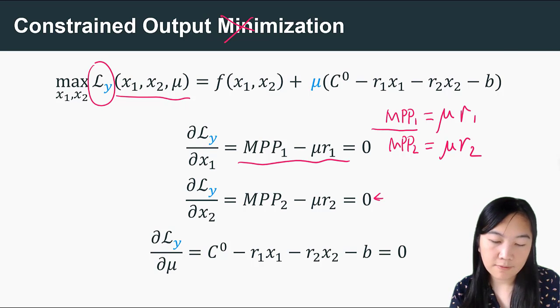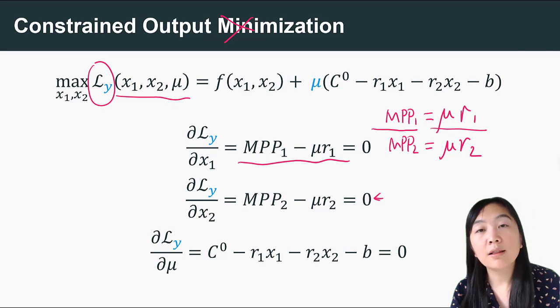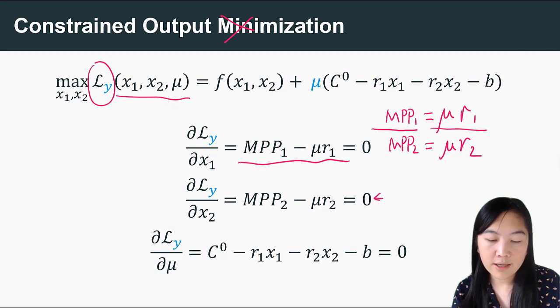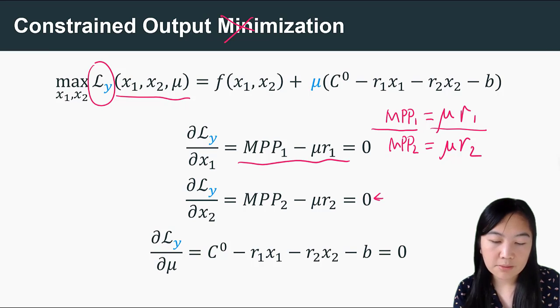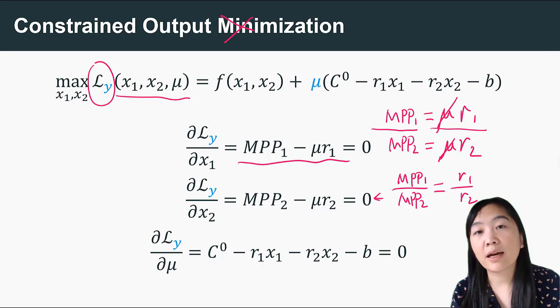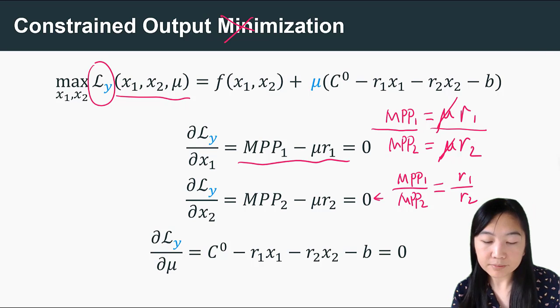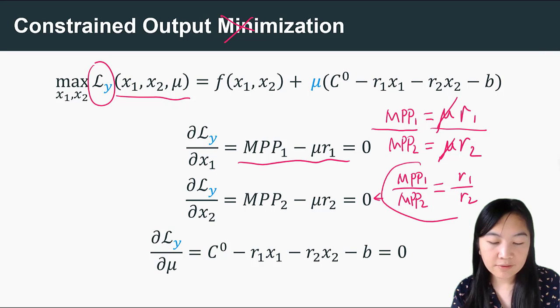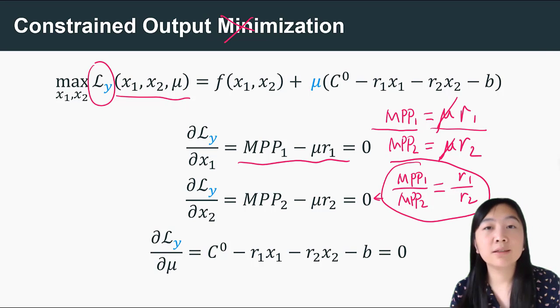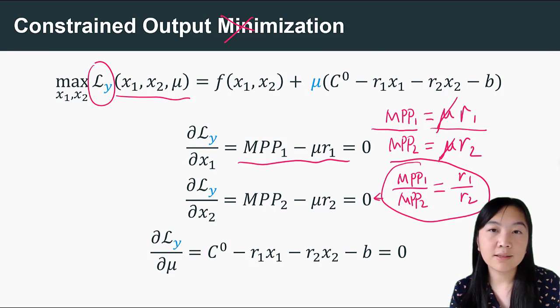If we divide one equation by the other, both the left-hand side and the right-hand side, what we get is MPP1 over MPP2 equals R1 over R2, and we can cancel the Lagrange multiplier. And you can find that this is exactly the same optimality condition as the cost minimization problem.